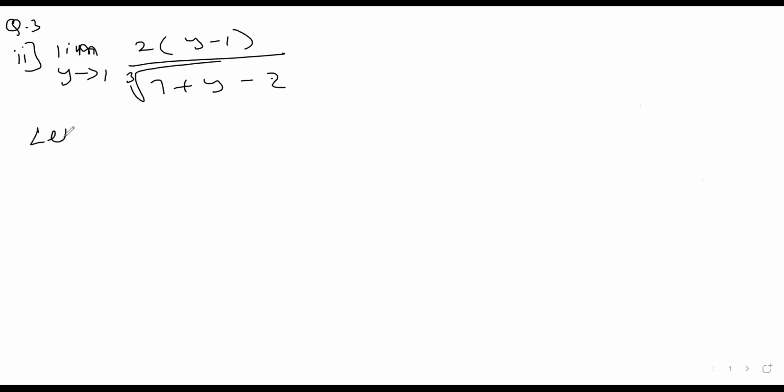You can say let y minus 1, sorry, now instead of this, let us substitute. What will we substitute? 7 plus y or y minus 1? Let us substitute y minus 1 is equals to x. जास्त सोपं जाईल ते. y काय होईल? x plus 1.